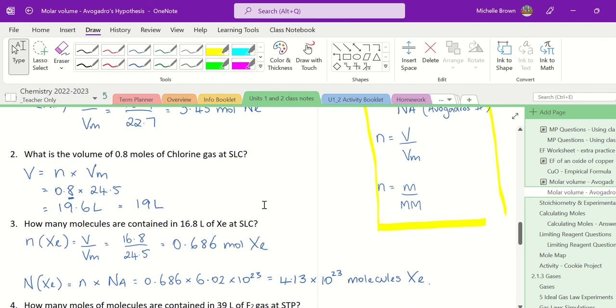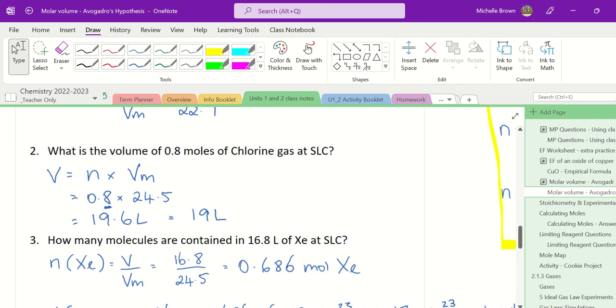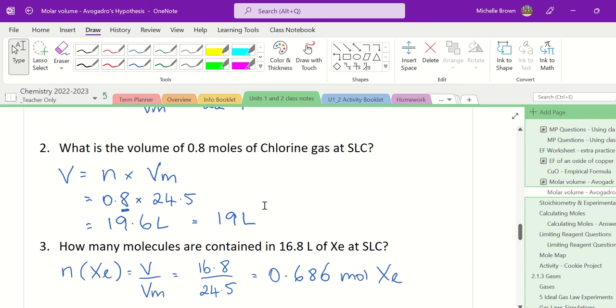Looking at question 2, what is the volume of 0.8 moles of chlorine gas at standard laboratory conditions? The answer is 19.6 litres, but remember our significant figures. Because we are multiplying, we are going to go with the least number of significant figures. So that is not 2, like I have there. That was very silly of me.